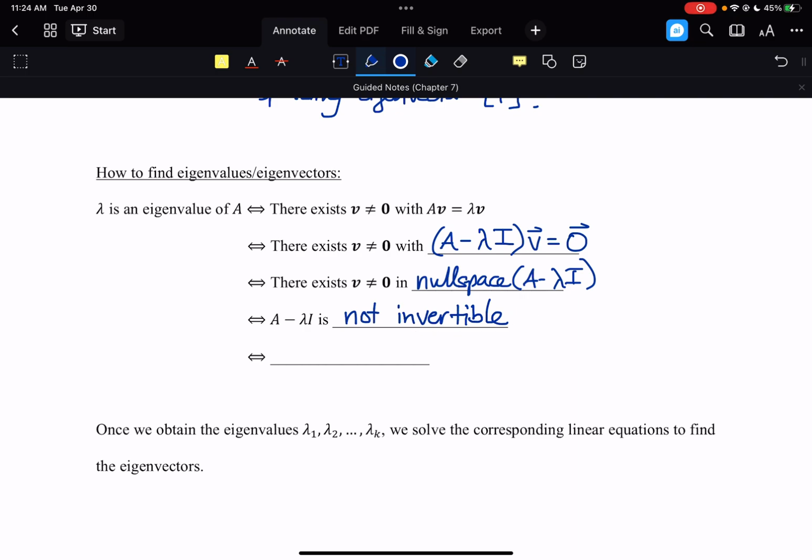If the matrix is not invertible, that means that the determinant of that matrix, A minus lambda I, must be equal to 0. So this gives us a nice, much more helpful test that says lambda is an eigenvalue of A if and only if the determinant of A minus lambda I is equal to 0.